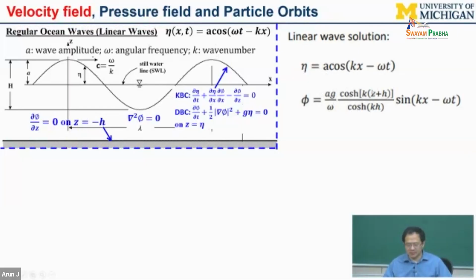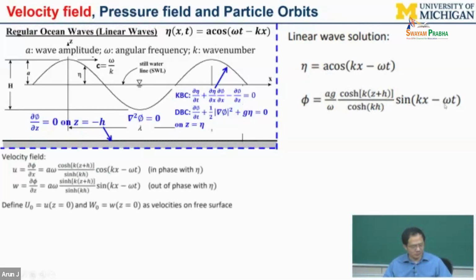Here is the depth function, and here along the x direction is the wave propagation. As I explained, with the potential flow function, if you know the velocity potential phi, d phi dx gives the velocity in the u direction, and d phi dz, in two dimensions, gives the z direction velocity.